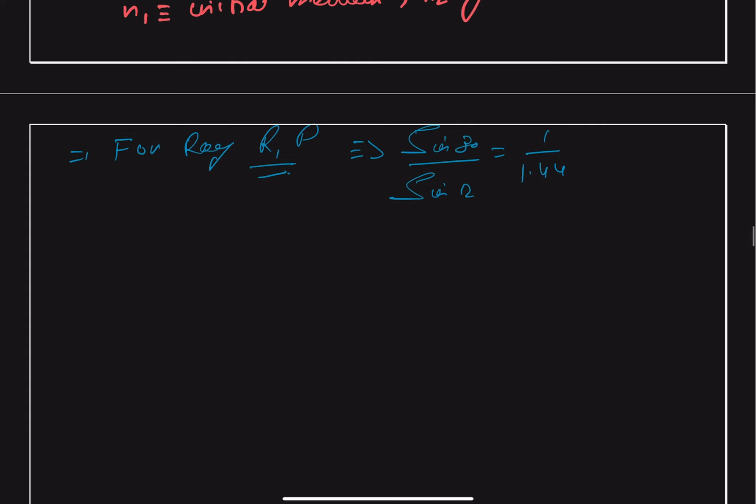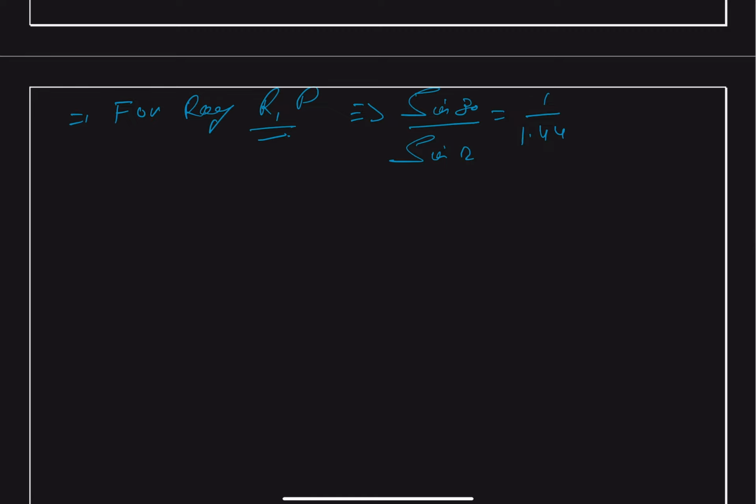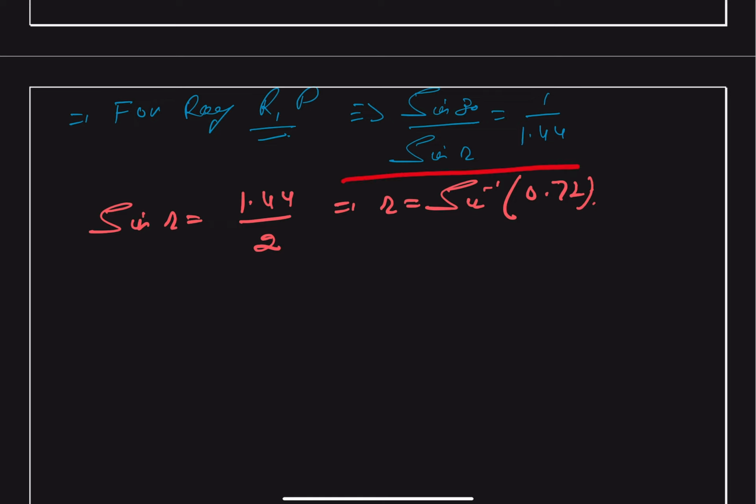This gives us that sine of R will be equal to 1.44 divided by 2, so R is equal to sine inverse of 0.72. So we found out the angle of refraction.